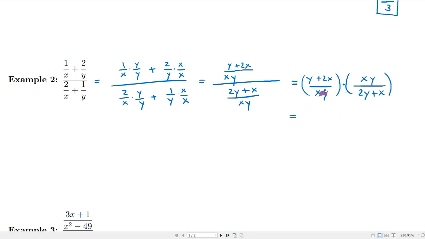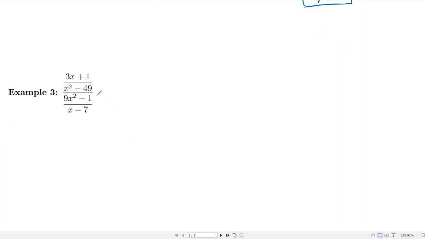And here we see some reduction, right? The x reduces this x, and the y reduces this y, so we're left with y plus 2x over 2y plus x, and it doesn't look like there's going to be any reduction there, so that will be our answer.